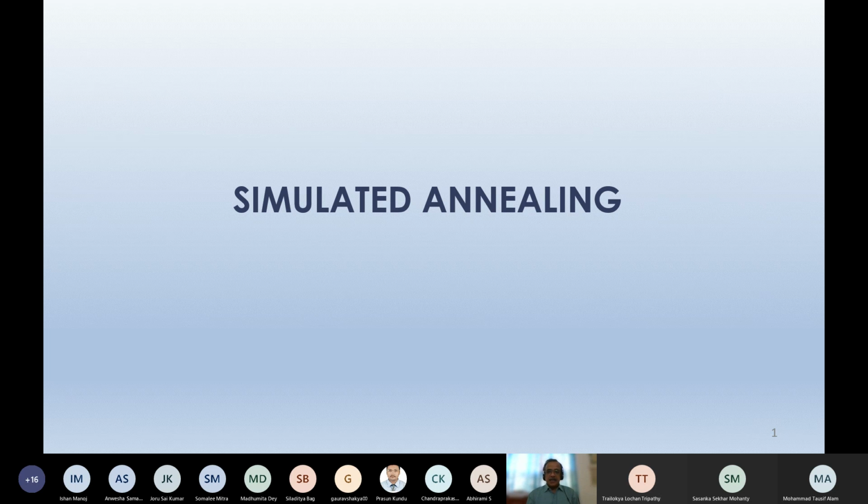Now, I've already discussed one of the most popular non-traditional tools for optimization, that is genetic algorithm. Today I'm just going to start discussing the principle of some other non-traditional optimization tools like simulated annealing and particle swarm optimization, PSO.